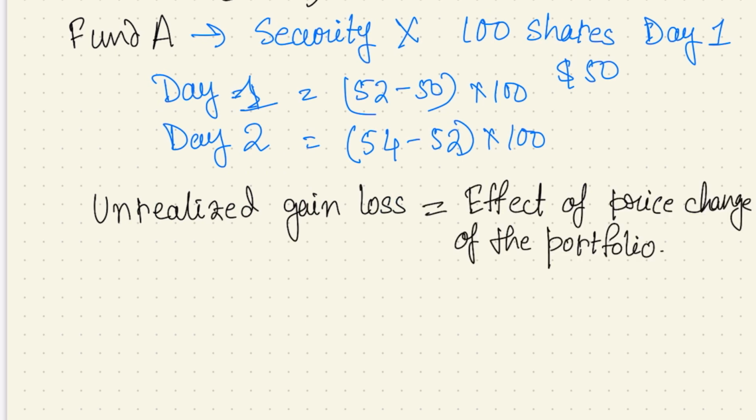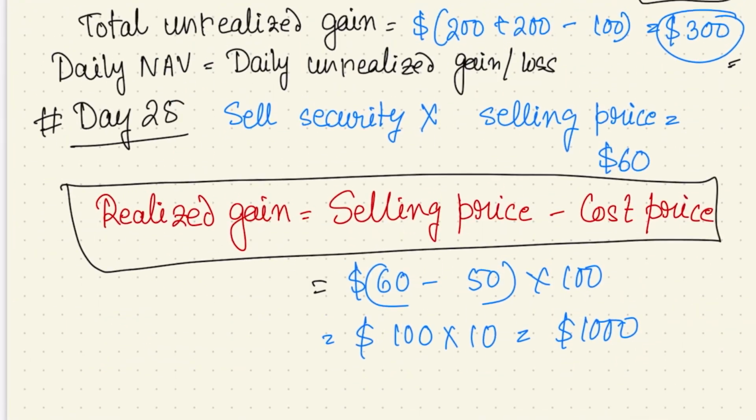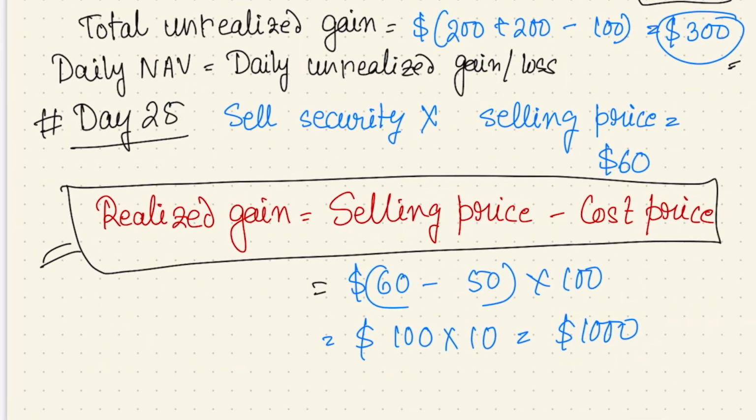Every day, in my pricing impact, the effect of price change of the portfolio from the cost price, I am taking the unrealized gain and loss impact into the fund.